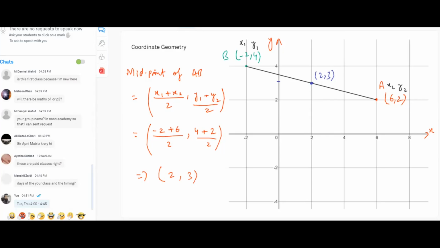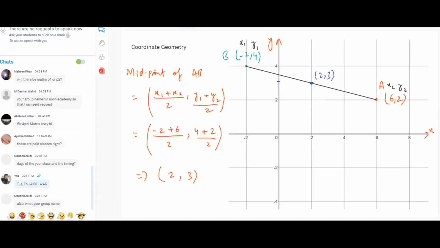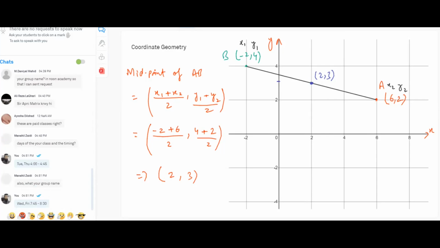And potentially Wednesday, Friday, 7:45 to 8:30. So this is what timing the other group is going to be. Tuesday and Thursday are final, but Wednesday and Friday is tentative right now. This will be confirmed in a day or two as well. That other group is starting next week, inshallah.